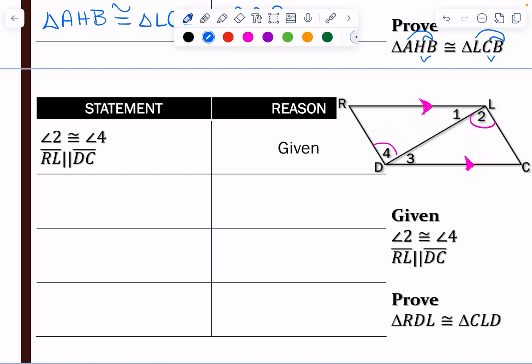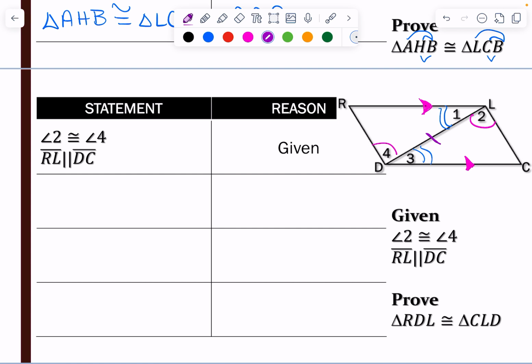Remember back, if I have two parallel lines cut by a transversal, then those two angles, the alternate interior angles, would also be congruent. So I'm going to be able to get angle 1 and angle 3 congruent. I also know that DL is congruent to either DL or LD, depending on how they want it written. Okay, so it's congruent to itself.